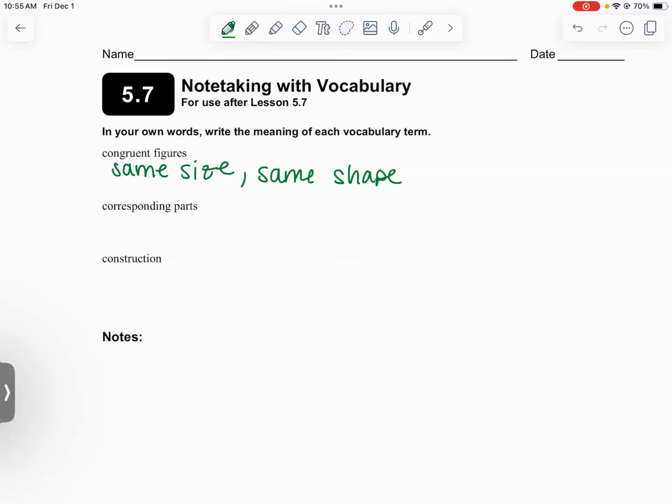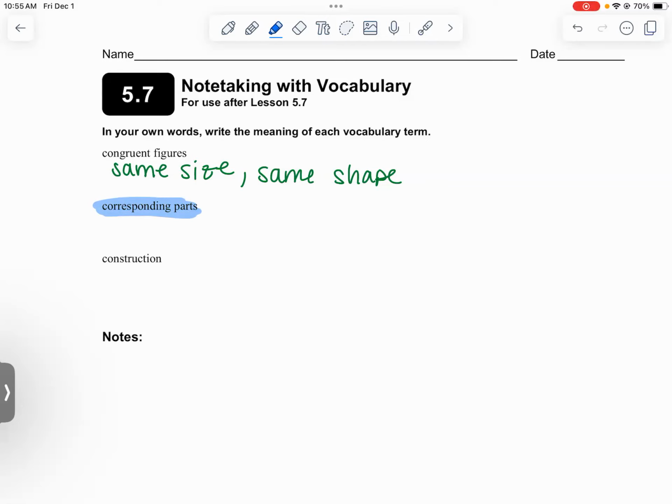Okay. So if we can prove that two triangles are indeed congruent, then we know their corresponding parts are going to be congruent.